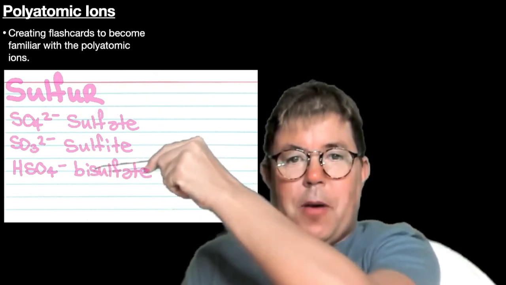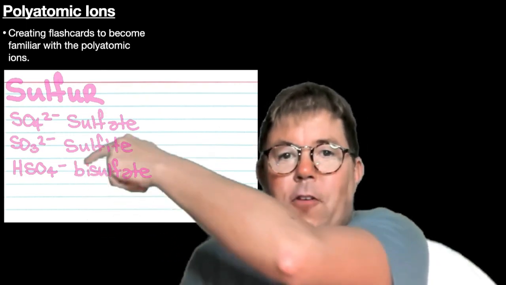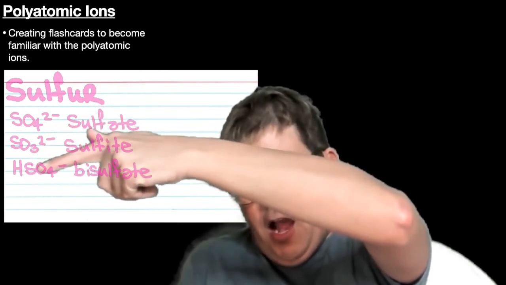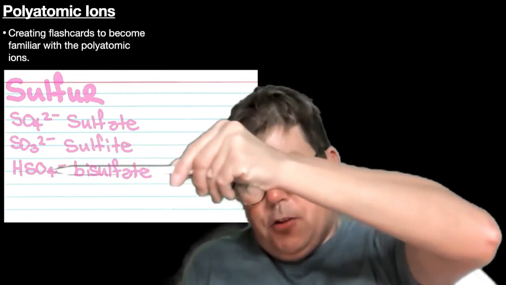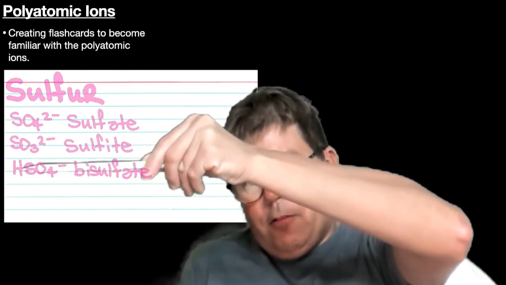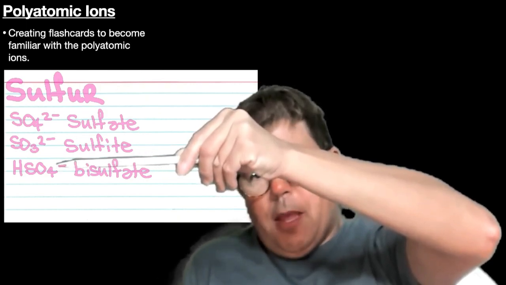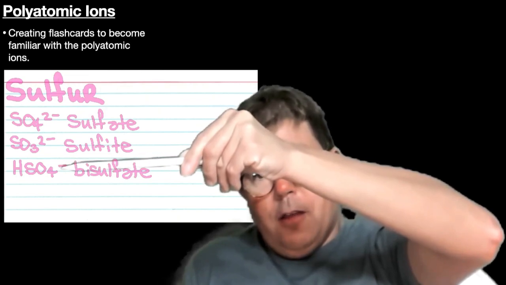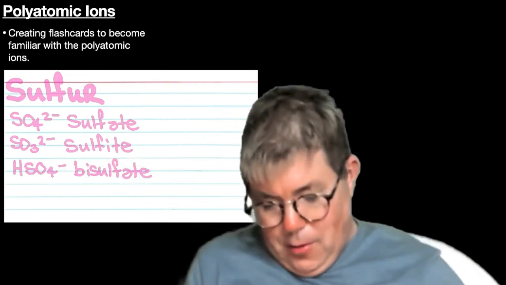Look, what's in the front? What happens to be in the front is a hydrogen. So when we add hydrogen to the front of the polyatomic ion, we drop the charge or make it one more positive. So it becomes a negative 1 instead of a negative 2. And we put the word bi in front.